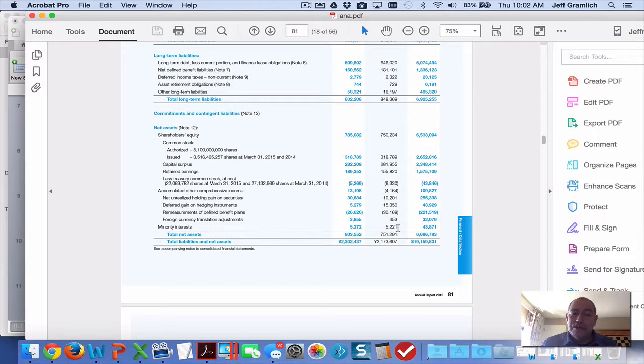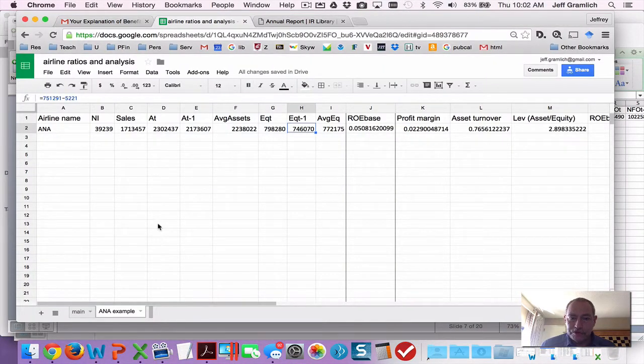And we are considering only the common equity. Notice that we don't have any preferred stock up here, so we don't have to subtract that. But we do subtract minority interests or non-controlling interests. So again, we're going to do the average of these two. The end plus the beginning divided by 2 is the 772,175.